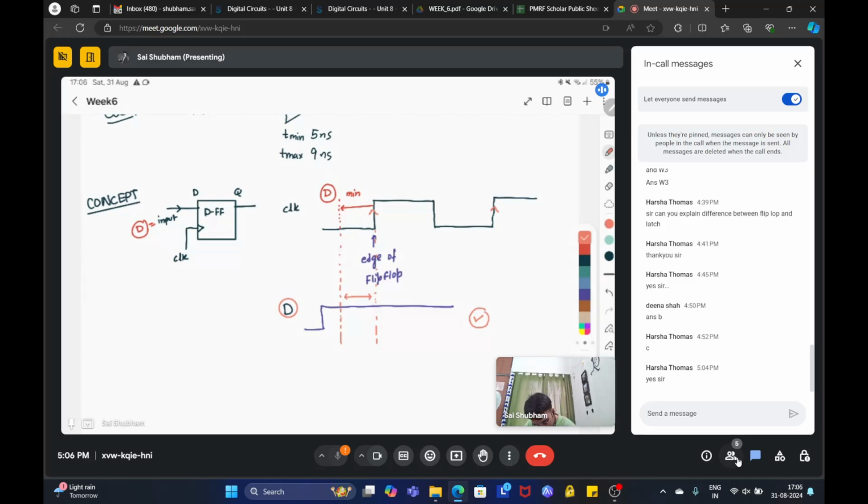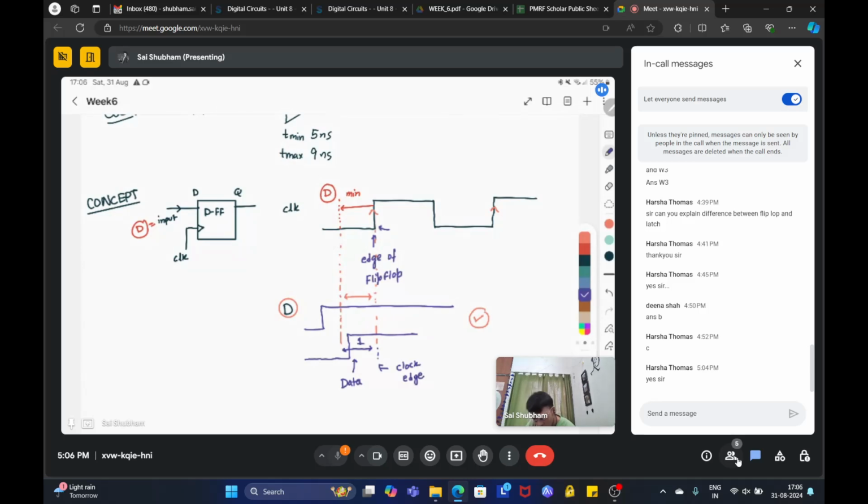Suppose my data D is like this. If it falls inside this window, my D flip-flop won't be able to register it, even though this is my clock edge and this is my data as 1.